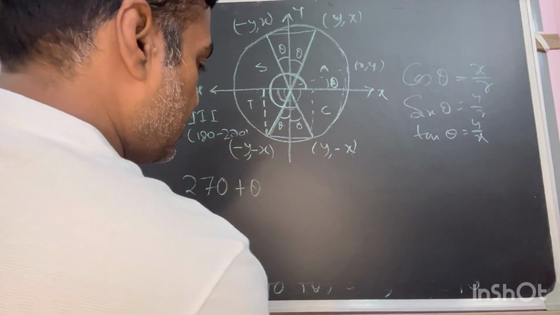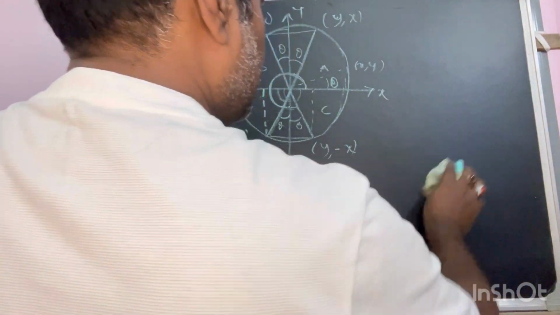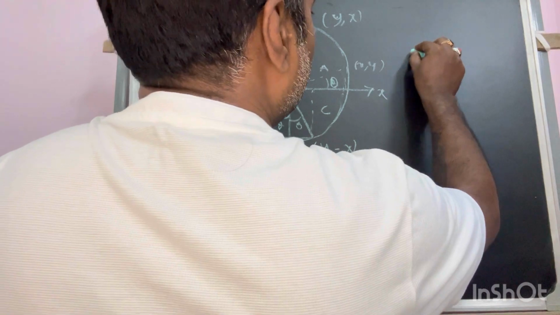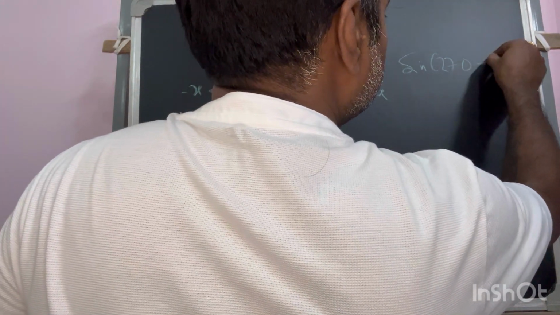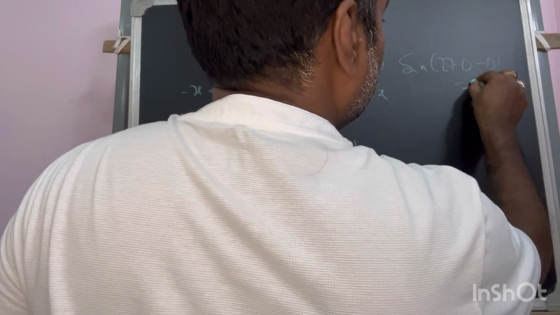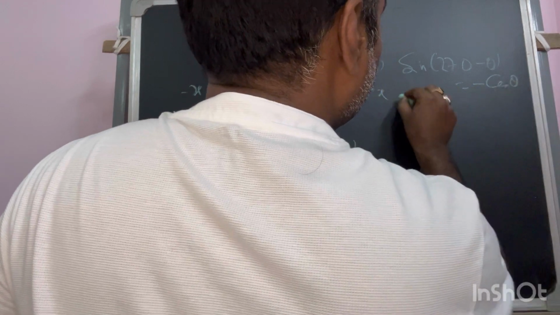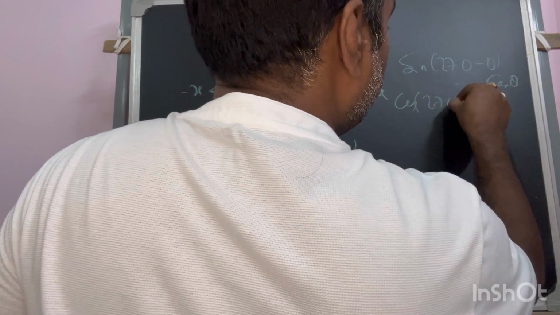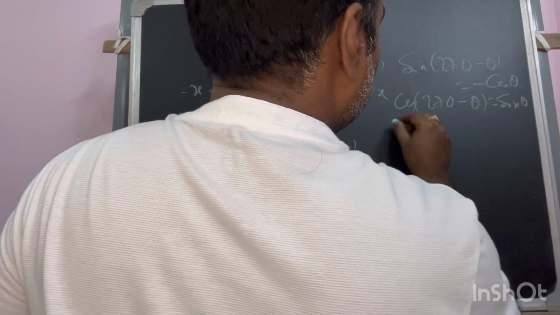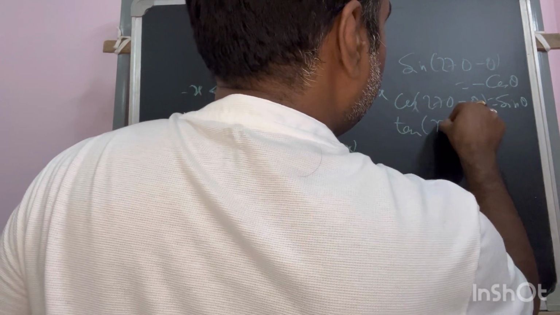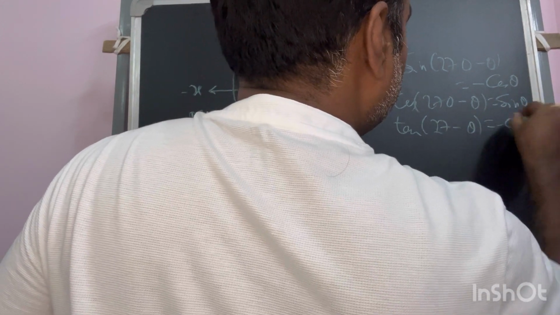So up to the last one we have seen this is your further. What is that? Sine of 270 minus theta will be minus cos theta. Cos of 270 minus theta is equal to minus sin theta. Tan of 270 minus theta is equal to cot theta.